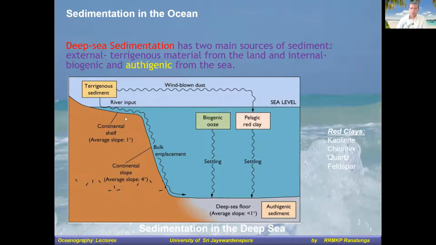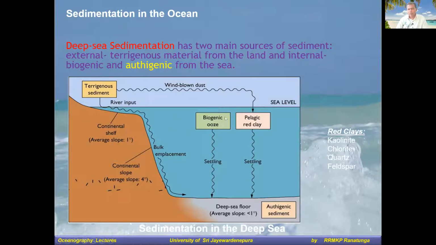I hope you remember now the sediment here. They can flow to the ocean bottom as the turbidity currents, and where they are deposited here as well. And so all these are Terrigenous sediments.